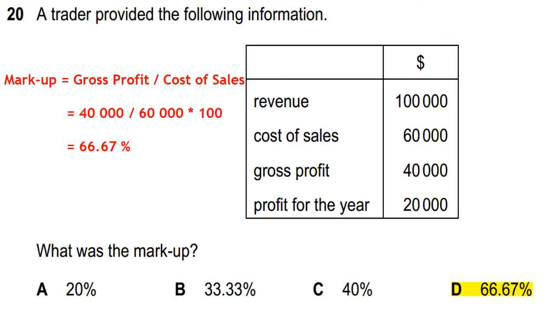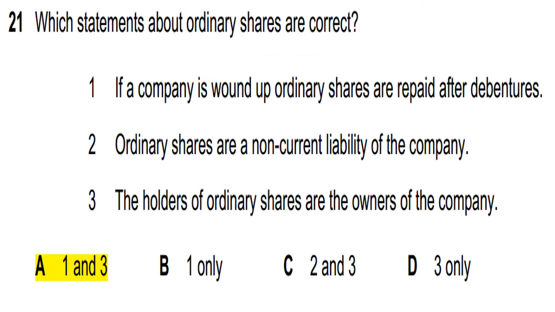Markup is equal to gross profit over cost of sales multiplied by 100. So gross profit is 40,000 and cost of sales is 60,000, multiplied by 100, this will be 66.67%. So correct option is D.